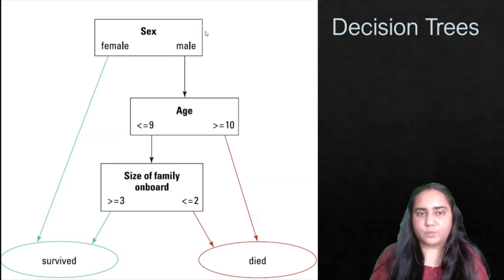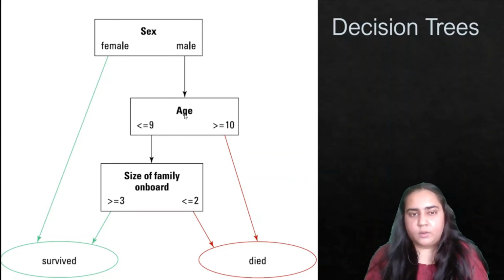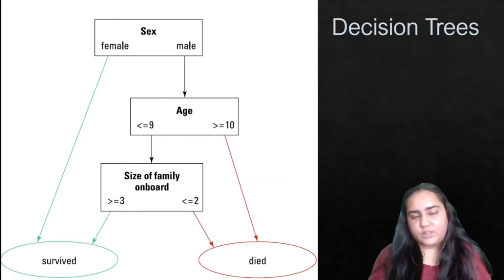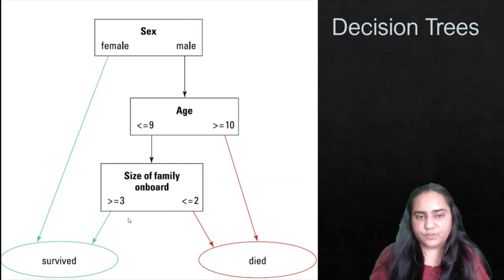The second rule: if the person was male, then there are two things. One is, what was the age of the person? Was the age less than or equal to 9 or greater than or equal to 10? If it is less than or equal to 9, then you are going to further check this rule, which says, what was the size of the family on board, which means how many family members of that person were there on that ship.